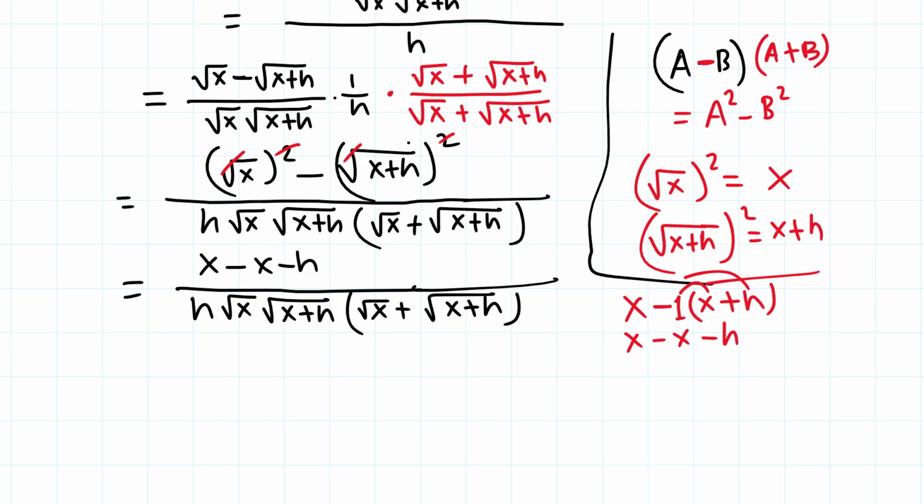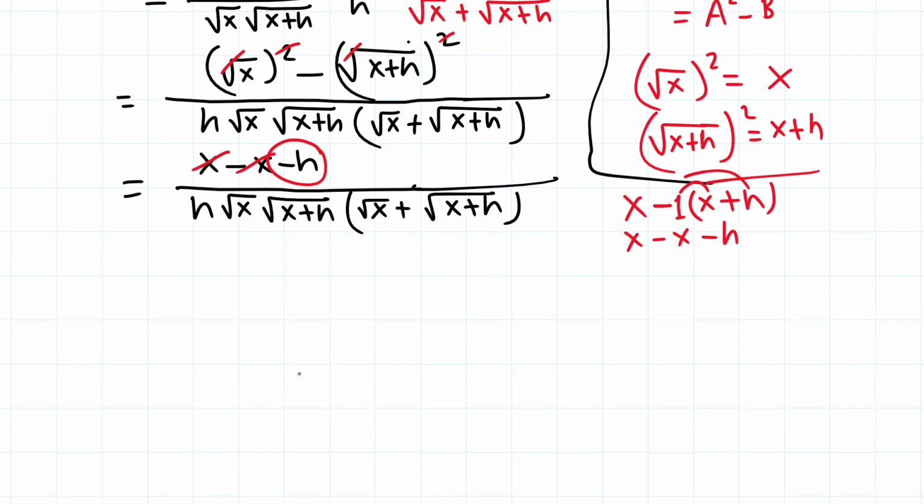On the top, x minus x cancel, that leaves only negative h. I'm just trying to save some time here, so you need to write another step. That's negative h over that, and that negative h, I can write negative in the front, h over that. I skipped one step. You need to copy that down though.